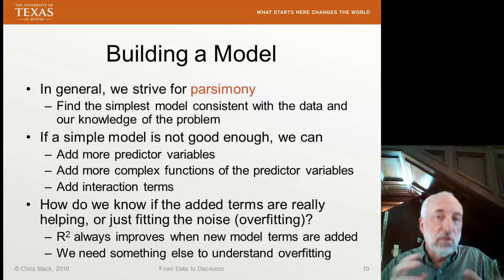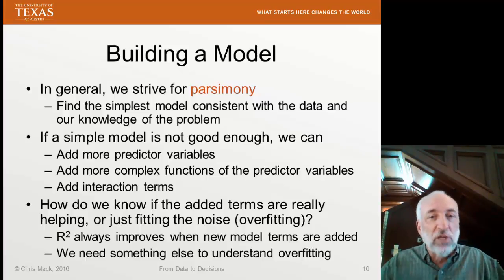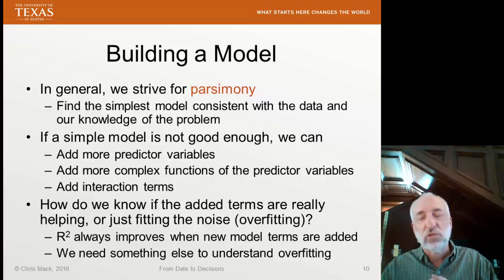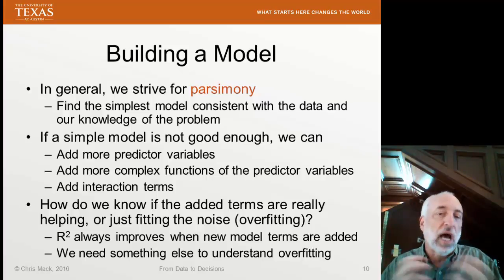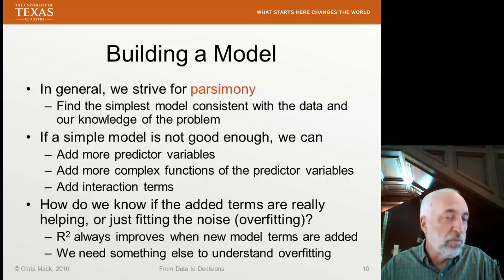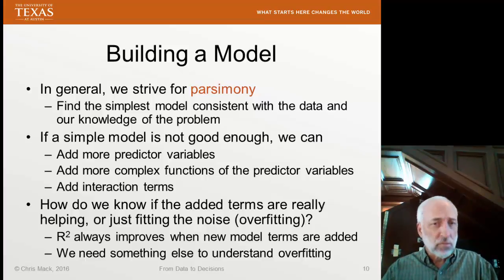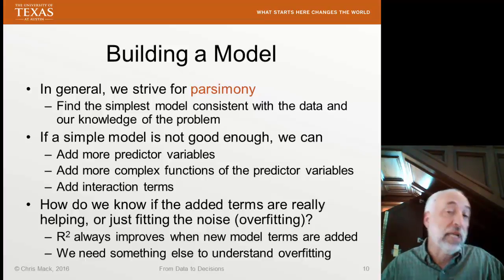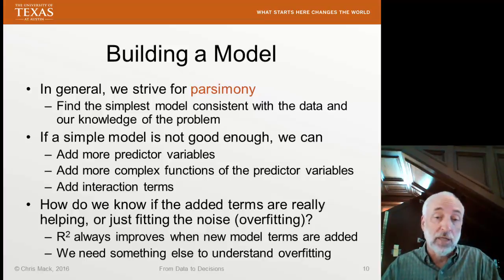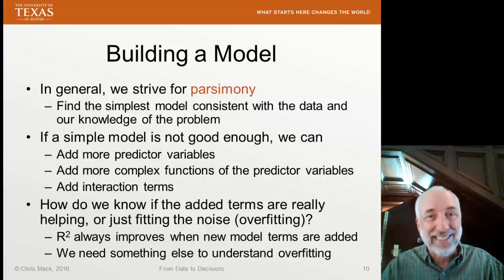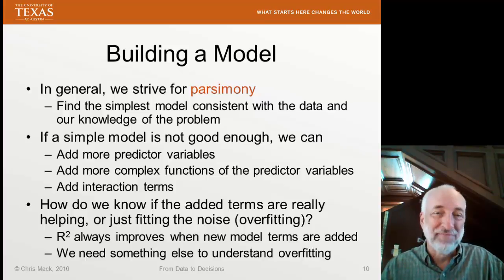So we need something more when comparing models and slowly building a model by adding more variables or functional forms. How do we decide when we begin to overfit? This will be the subject of the next lecture, and in fact some future lectures after that as well. But this will give you a hint as to where we're going.